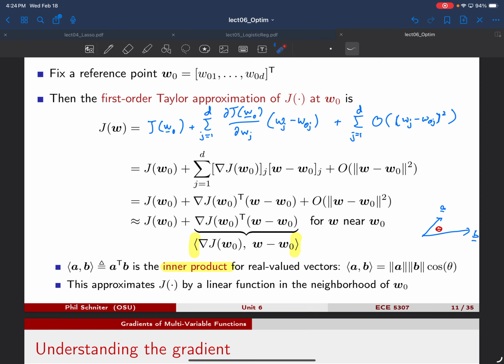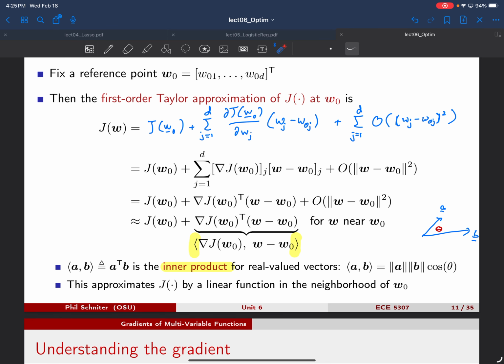So that's what that means. Then this approximation is good when W is close to the reference. Okay, great. Any questions on this?